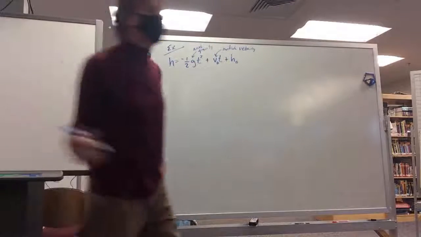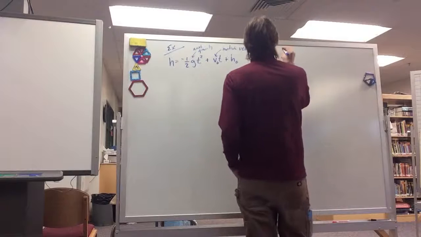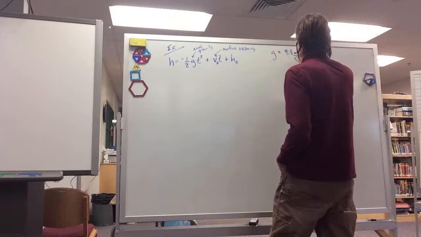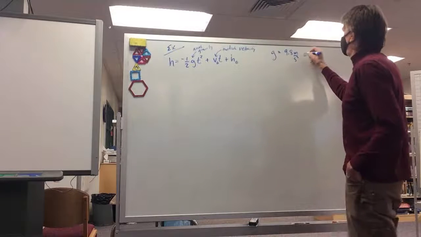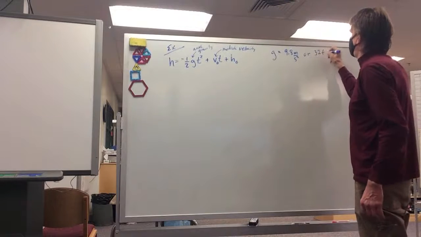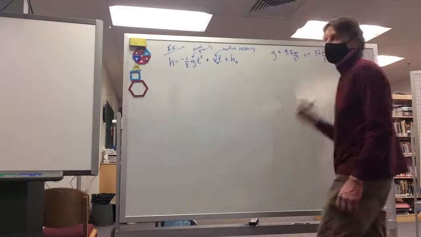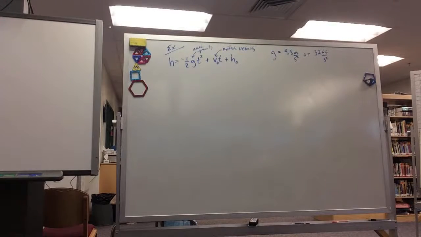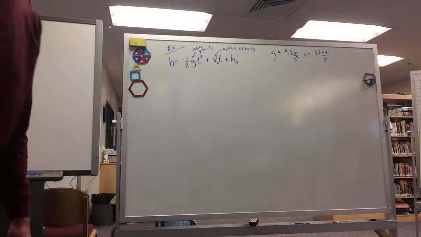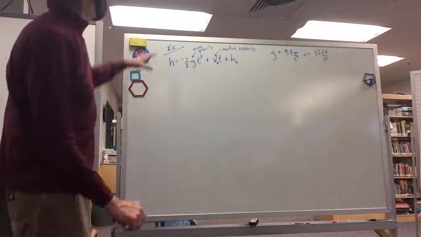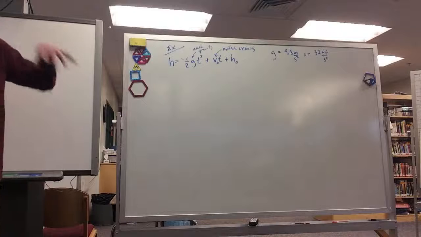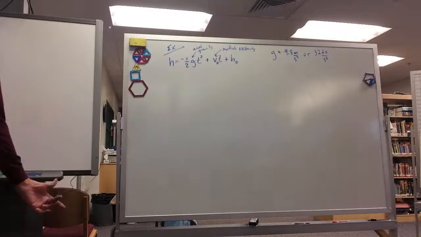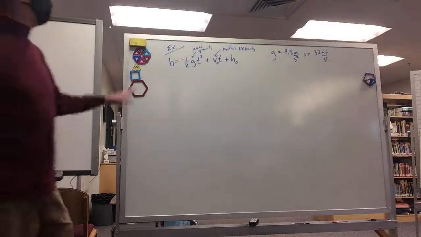And when we do g, remember, it's going to be 9.8 meters per second squared, or 32 feet per second squared. So if you have that information, you can handle any of these projectile type problems.